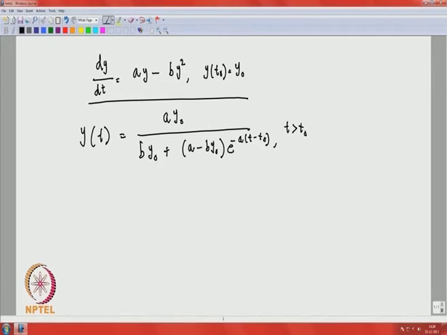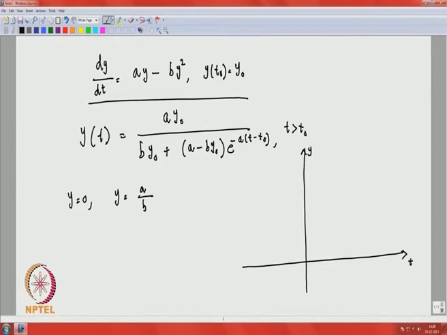If you recall the previous lecture, we have seen two equilibrium points. This is the t axis and this is the y axis, and for this equation, y equal to 0 and y equal to a by b are equilibrium points.